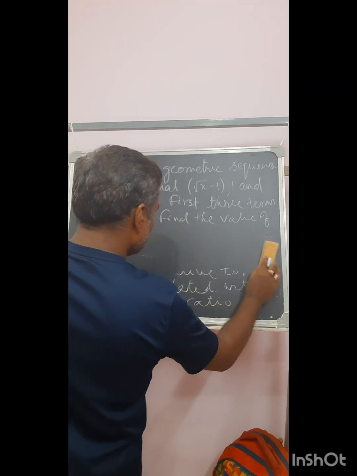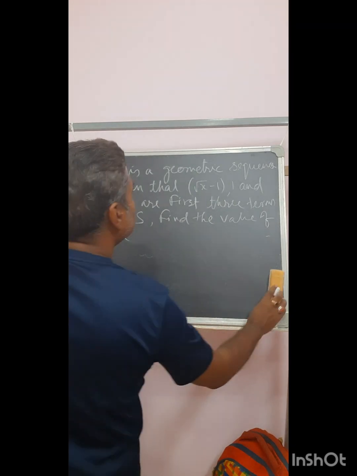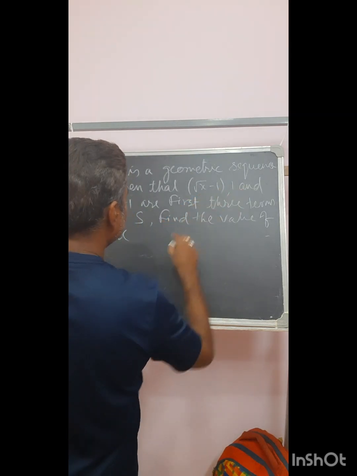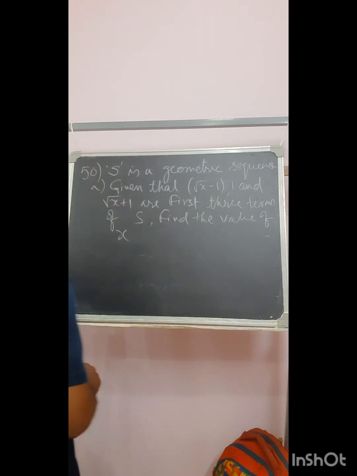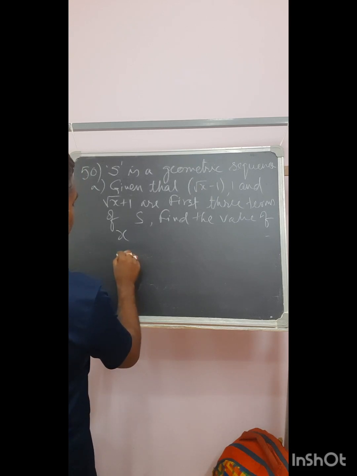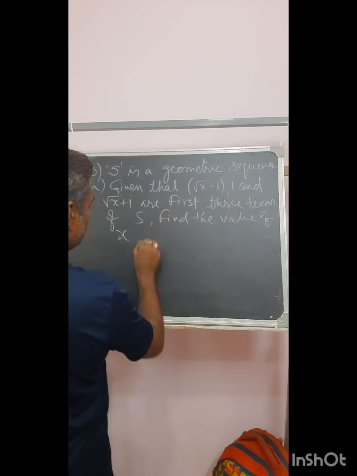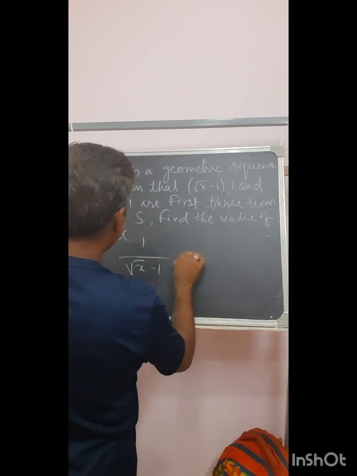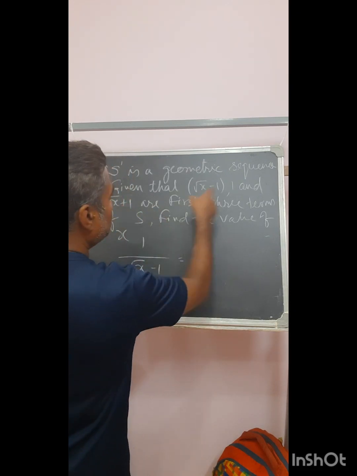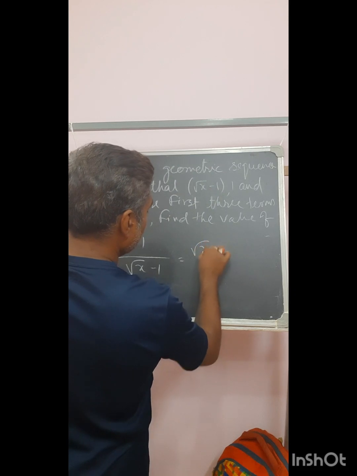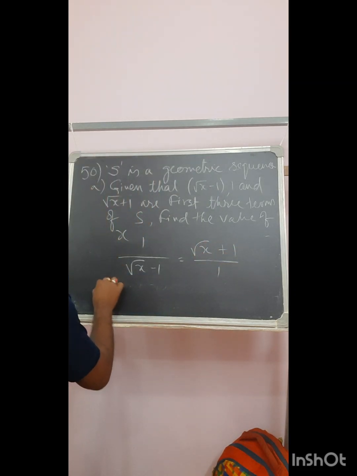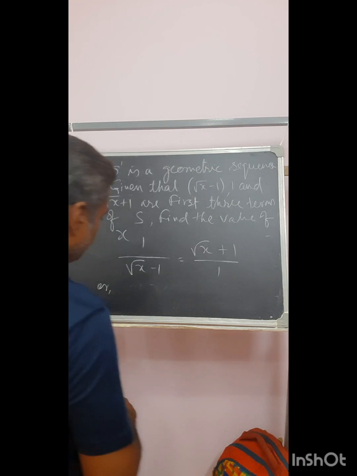So assuming that the series here is also in the same form, where the first three terms are in geometric series, then I can say the second term by the first term will be equal to the third term by the second term, as per the definition of geometric progression.